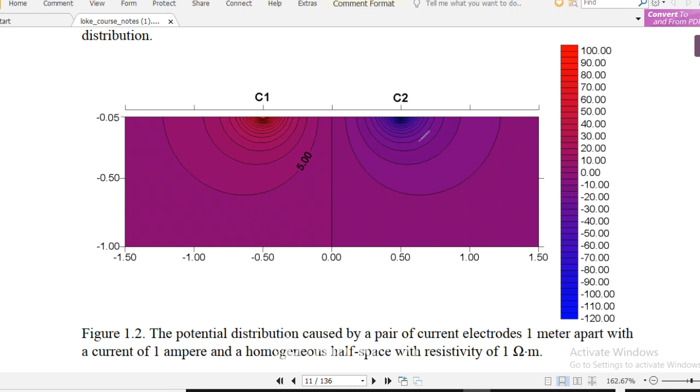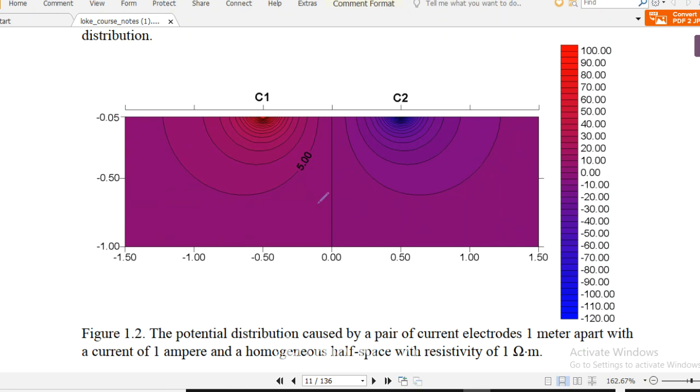That is, the medium is the same type of material or geological formation, with the same saturation level, porosity and mineralization. All things are the same, and the measured resistivity value is 1 ohm-meter.